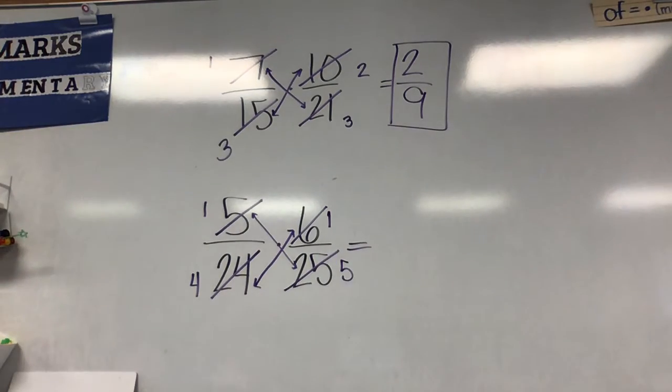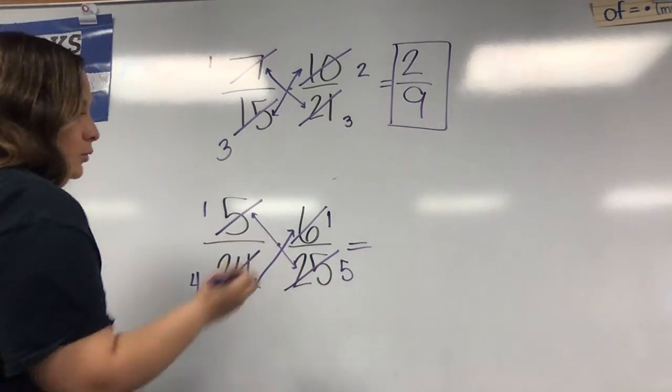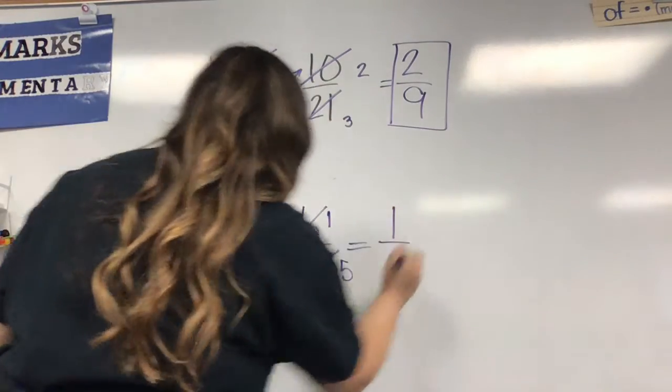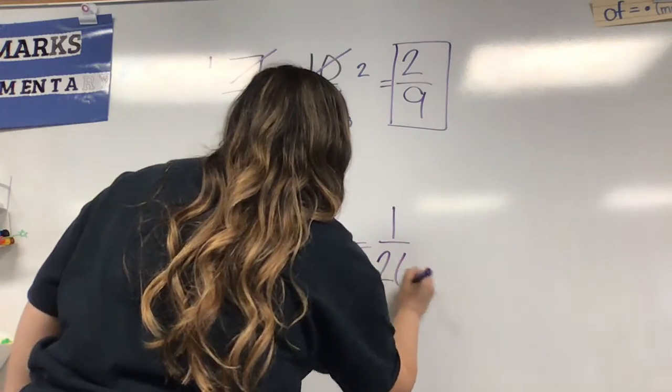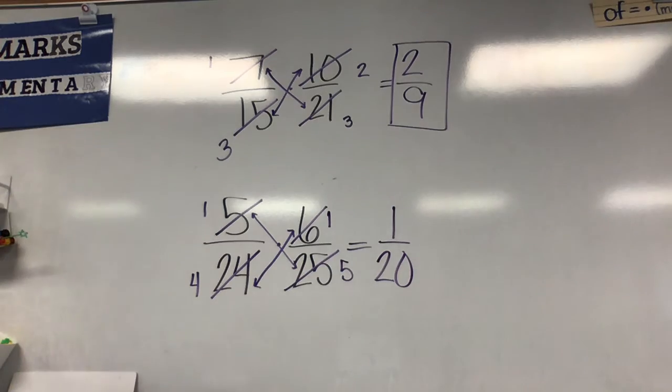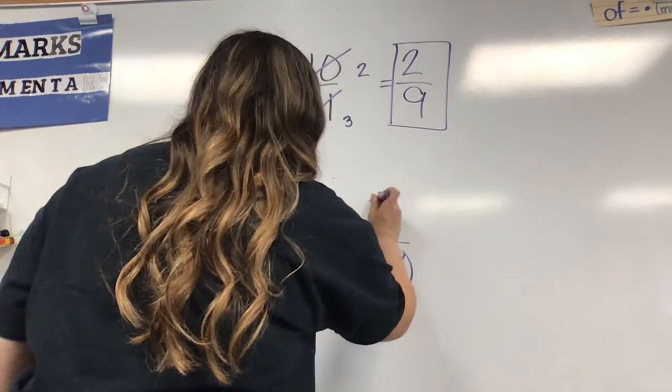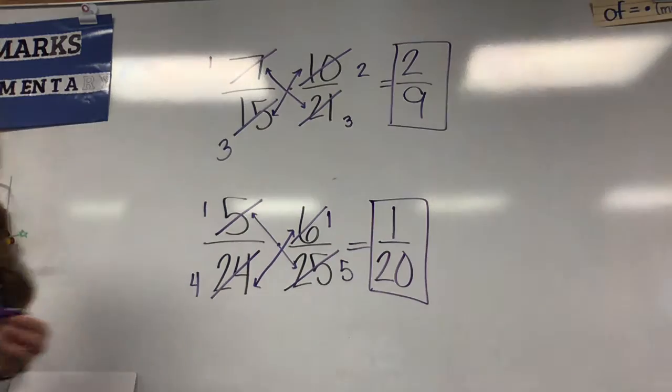Now I have new numbers, so I can multiply across. 1 times 1 we know is 1. 4 times 5 is 20. So 1/20 is your final answer.